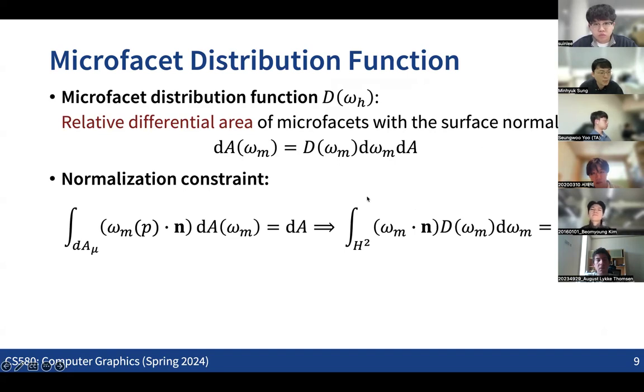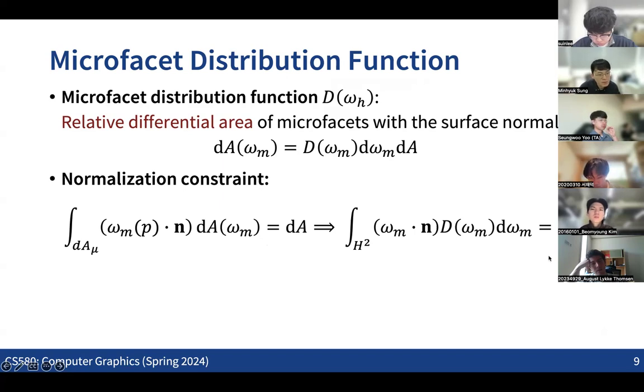Given the property that we have seen in the previous slide, that the projected area of the microfacets should be the same as the area of the macro surface, we can see this normalization constraint. So the function D here should satisfy this property. Makes sense?